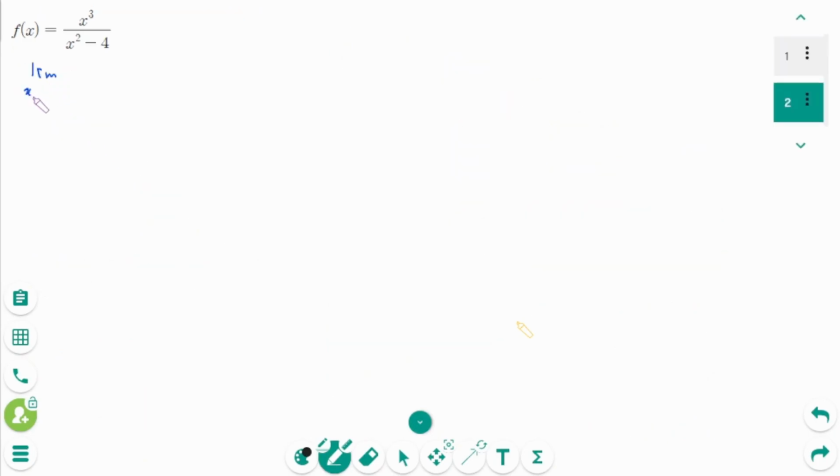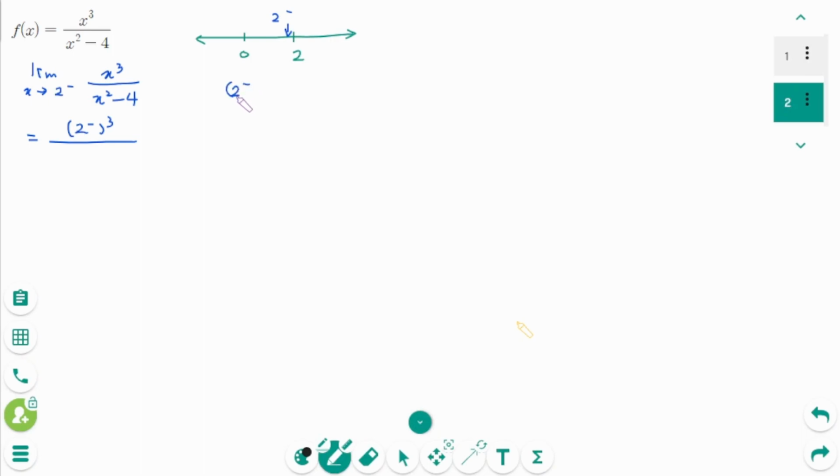Limit as x approaches 2 from the left side of x cubed over x squared minus 4 equals 2 from the left side cubed over, there is a number line, 0 and 2. 2 from the left side is here, just a little bit less than 2.